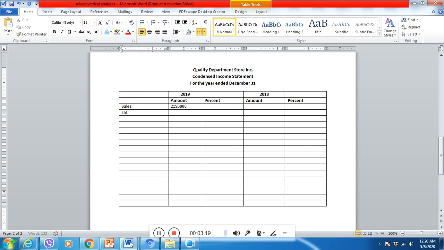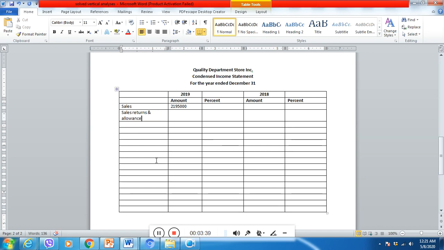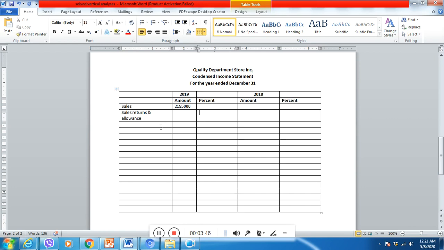Then we have sales returns and allowances, then after that net sales, and the value of net sales is 2,097,000, and the value of sales returns and allowances is 98,000.